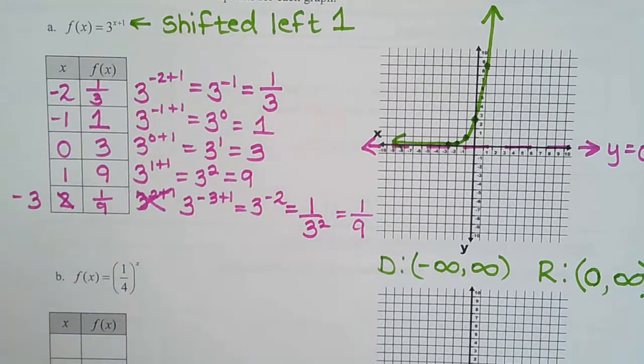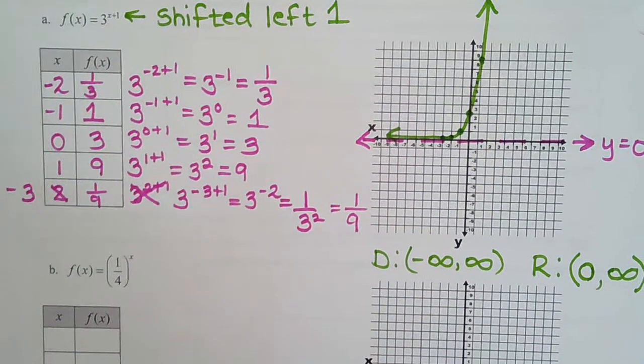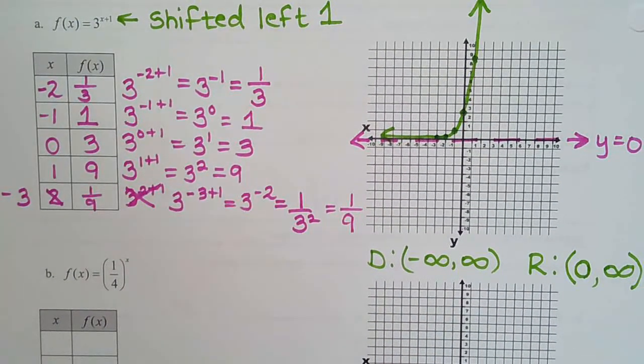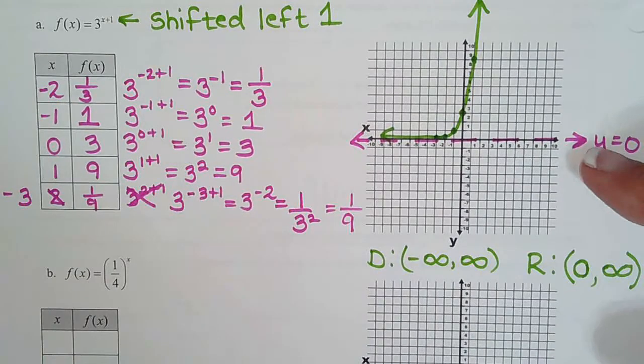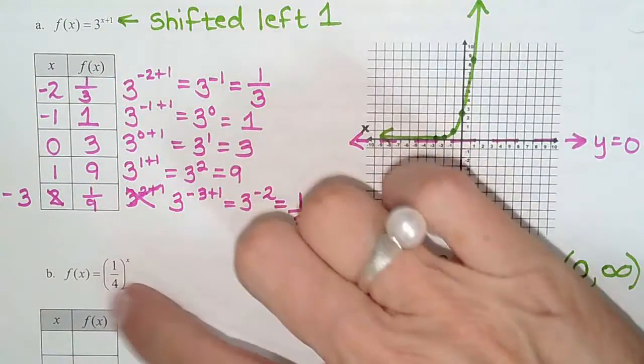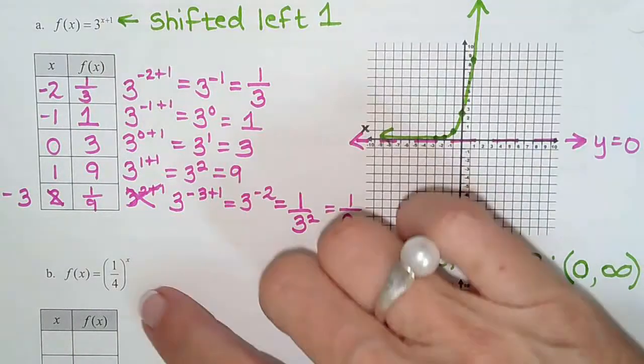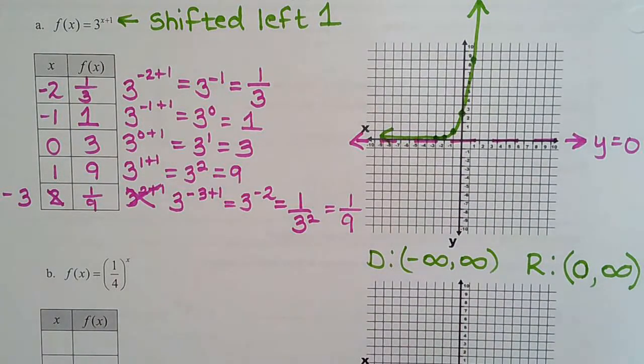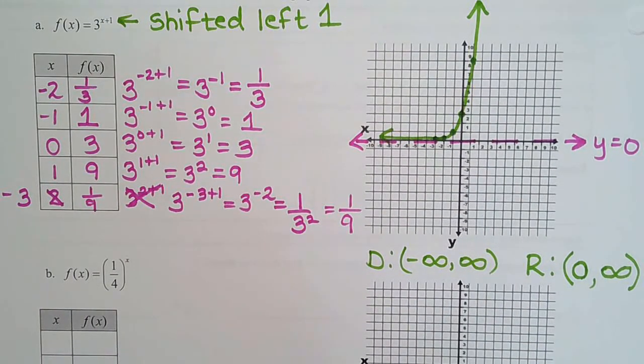And that's what I ask you to do on the final exam. Make a table, draw the graph, include the asymptote, name the domain and range. Okay, so that's what you'll see on the final exam. I don't know which one I put, whether I put a whole number base or fractional base, but you'll see the fractional base is just as easy as the whole number base to do.